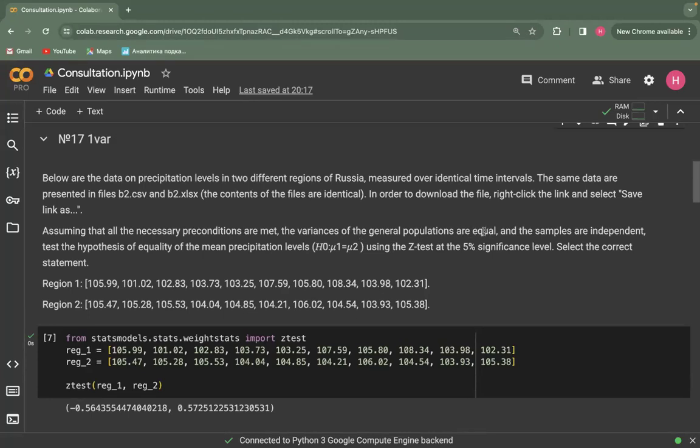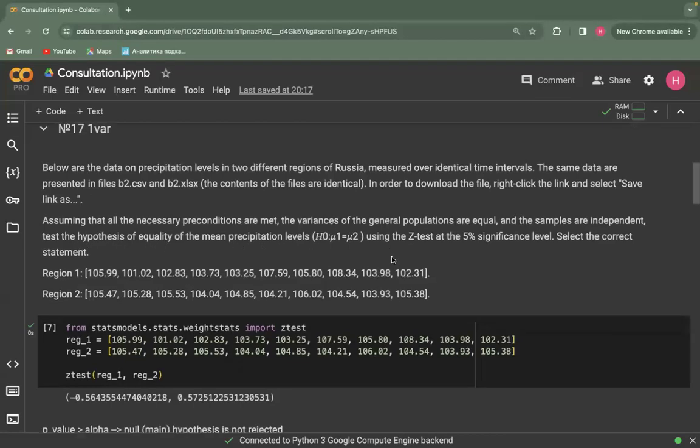If they are not equal, we have to do something with our data. And the samples are independent. Test the hypothesis of equal mean precision levels using the test at the 5% level.